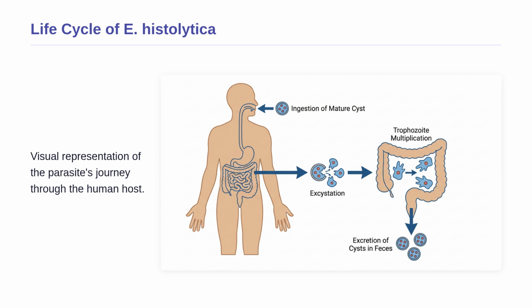They then travel to the large intestine, shown on the right, where trophozoite multiplication happens, causing severe ulcers. Finally, the arrows point downward to show the excretion of new cysts in feces, ready to contaminate the environment and start the cycle all over again.